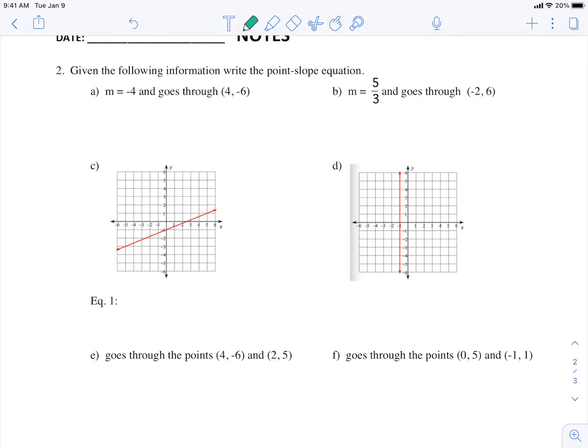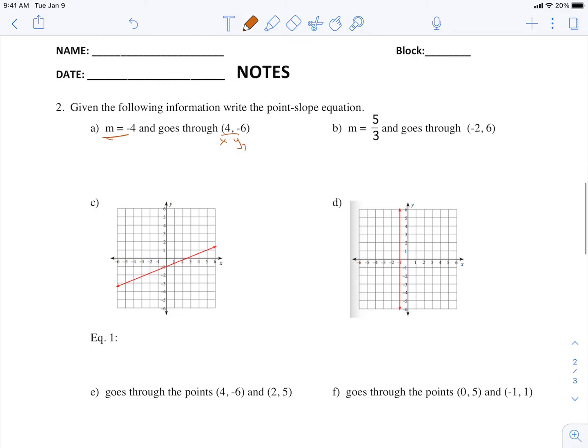Okay, well, look at the information. I'm given a slope, I'm given an x1 and a y1. So how do I write in point-slope form? Well, first, know the form: y minus y1 is equal to m times x minus x1. Now substitute into the form. So y minus -6 is equal to -4 times x minus 4.